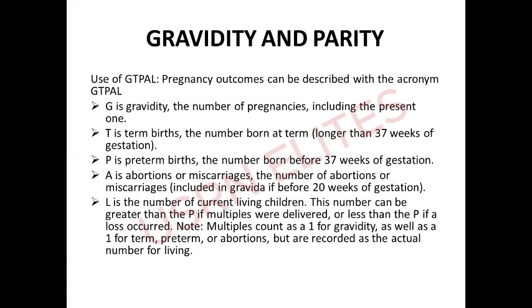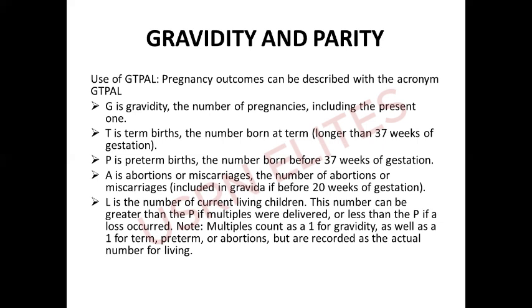A stands for abortion, and L stands for the number of children who are still living. Because the woman can give birth and then some of them will die along the line, L stands for the number of children who are currently living. So we'll go through them one after the other. I've already explained what G stands for.